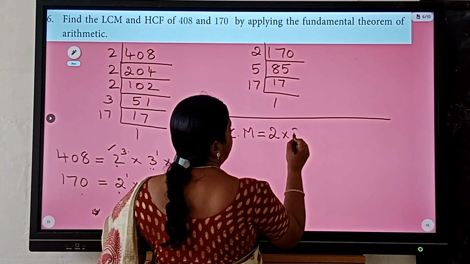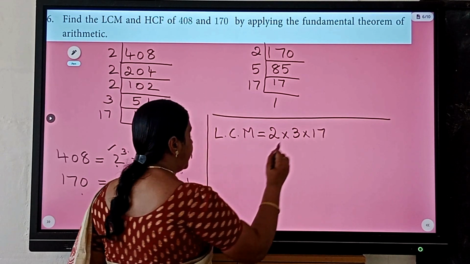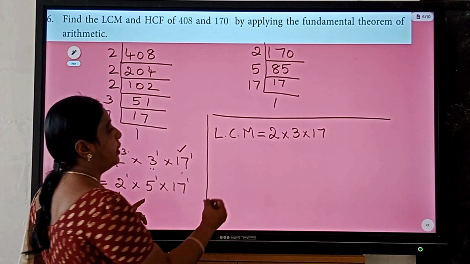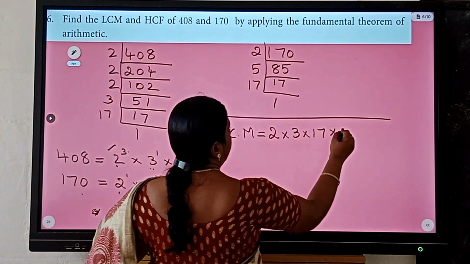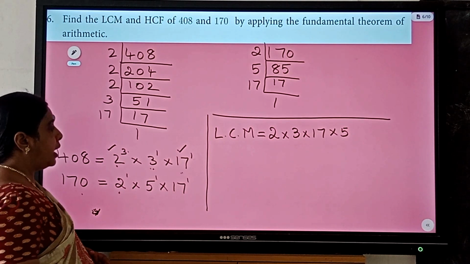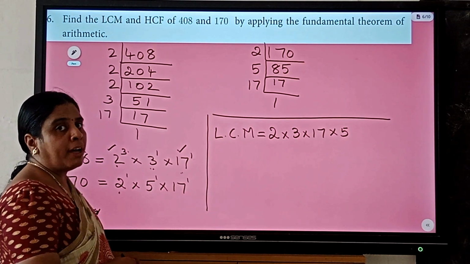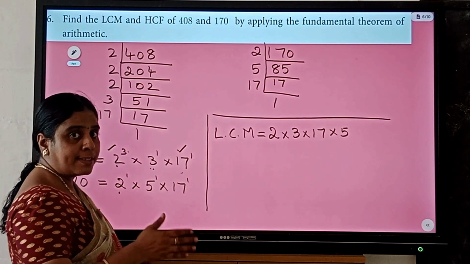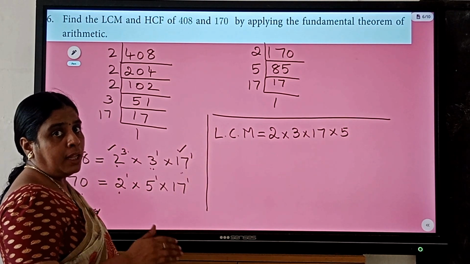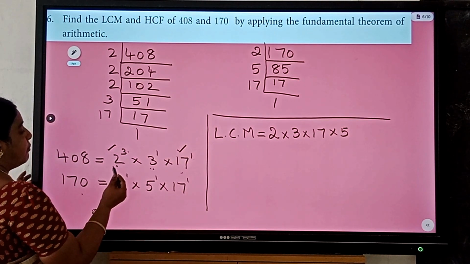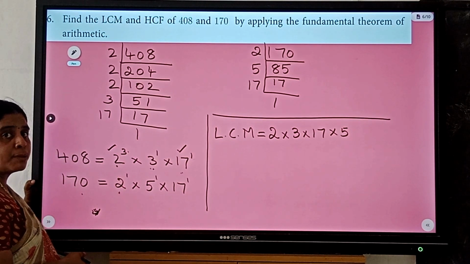So 2, 3, 17 from 408, and from 170, 5. You don't have 5 here, so write 5. Again you have 17 (from 170), which should not be written again. Now see the powers, compare the powers. When it is LCM, least common multiple, the power you have to take is the highest power.